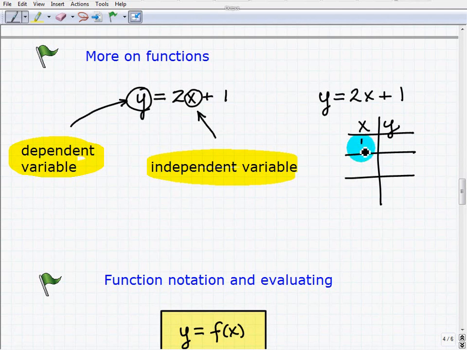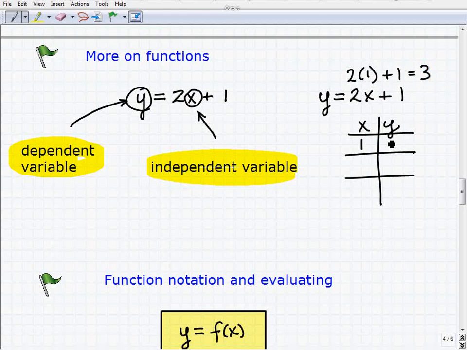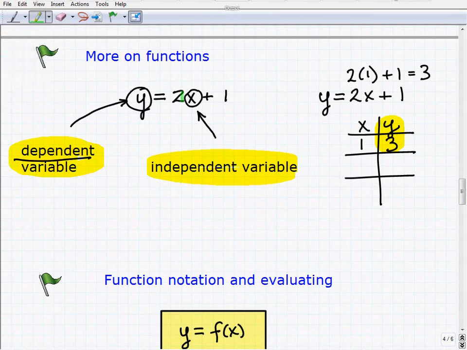So if I plugged in 1 here for x, that would be my input, okay? I would plug in 1, and I would get 2 times 1 plus 1, so that would be 3. So my y value 3 is dependent. It's dependent upon this x value.